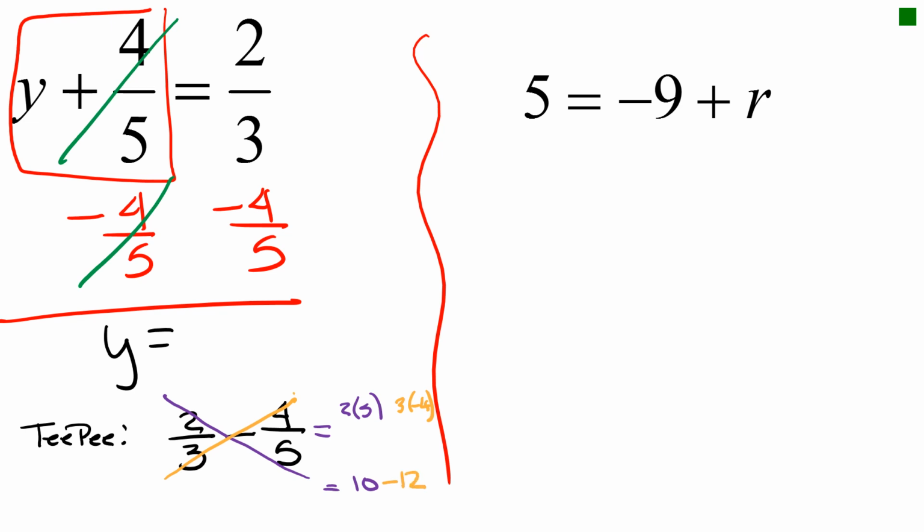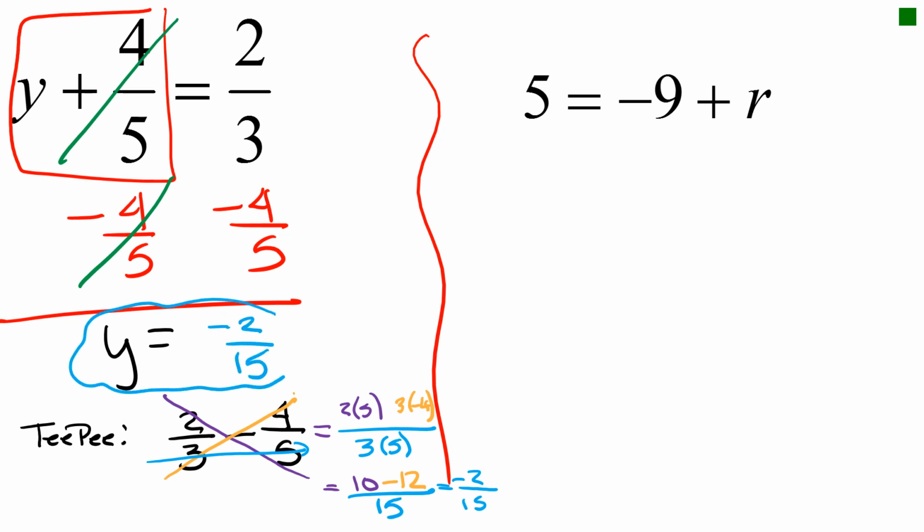Remember I told you they're kind of interchangeable? Then you multiply straight across and you have 3 times 5, so that's going to all be over 15. Then you're going to take 10 minus 12, which is negative 2, and keep the 15 the same. So your answer here is negative 2/15.